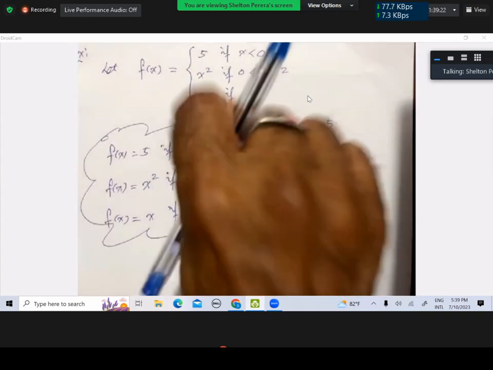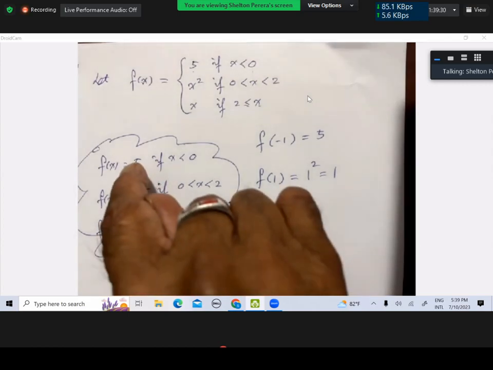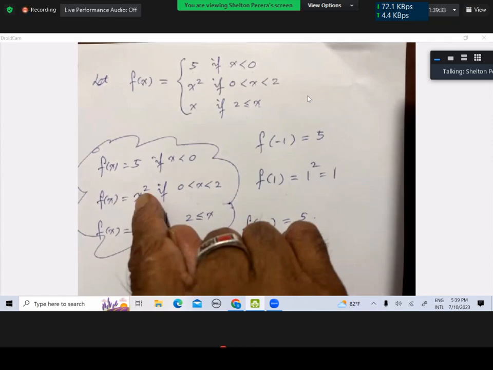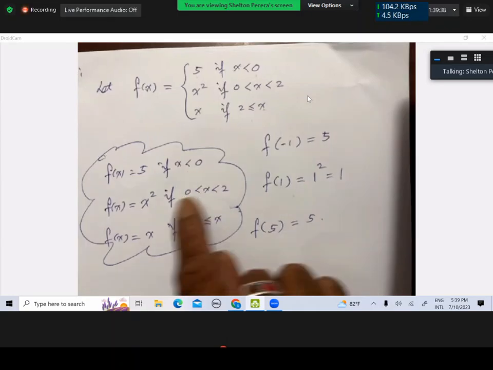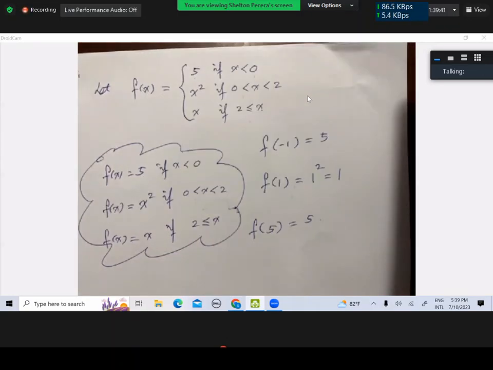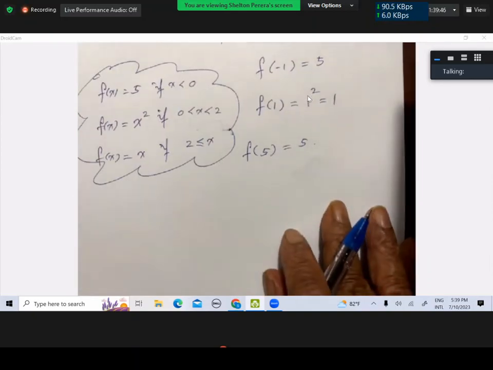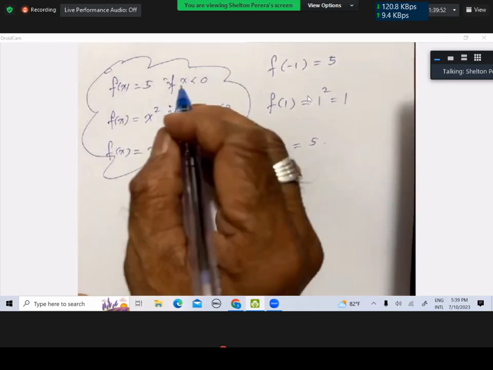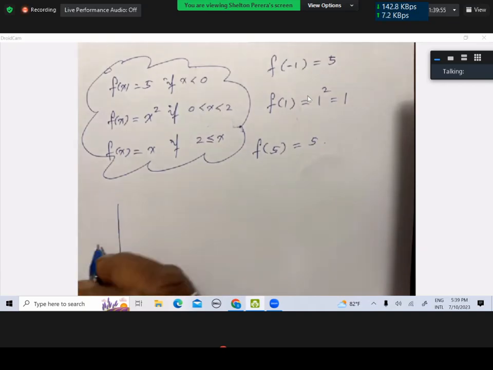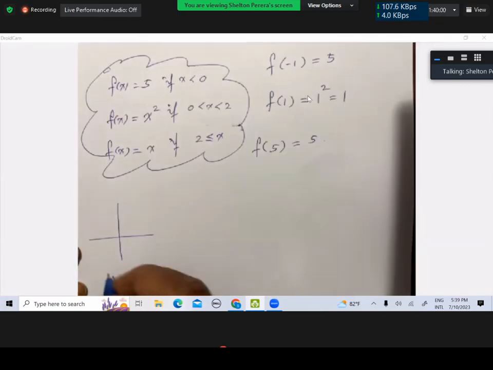Sketch the graph of this function. Is there a way for me to see it? Sketch the graphs of these 3 functions, and then take the pieces, cut and paste. F of x equals 5, or y equals 5.